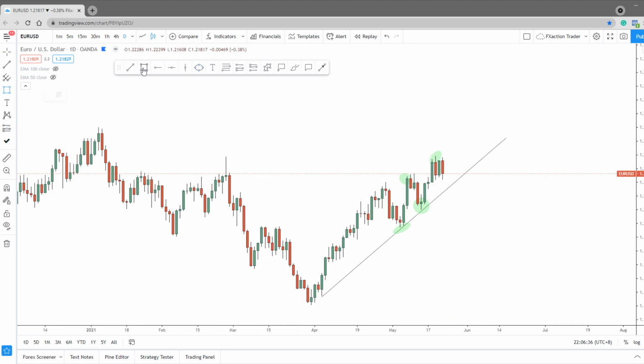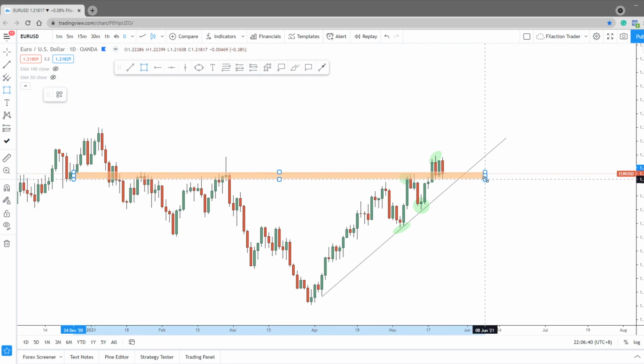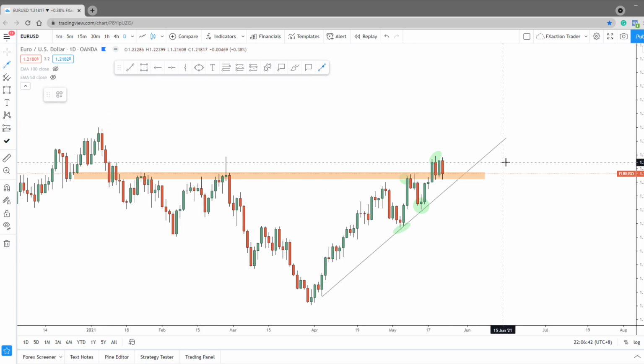And also market has actually broken this daily resistance level as well. And market has now pulled back to retest this resistance area, which is now a support area or a support zone on this entire daily chart.